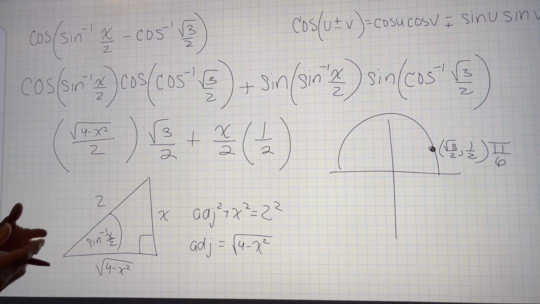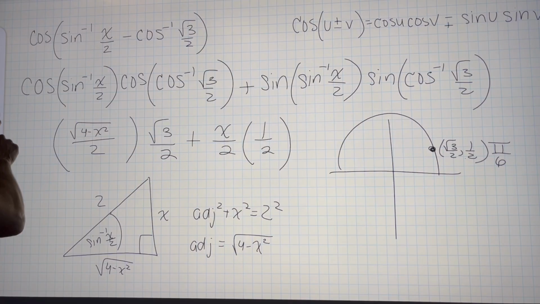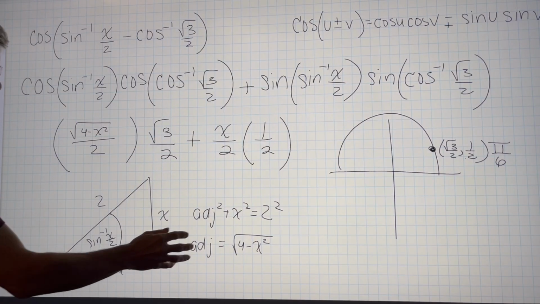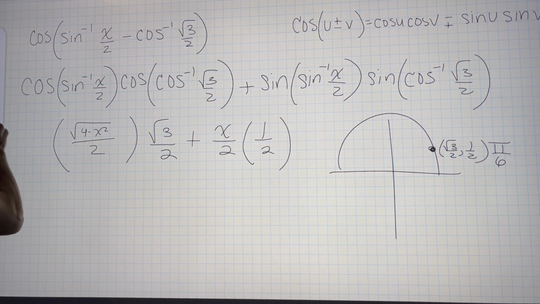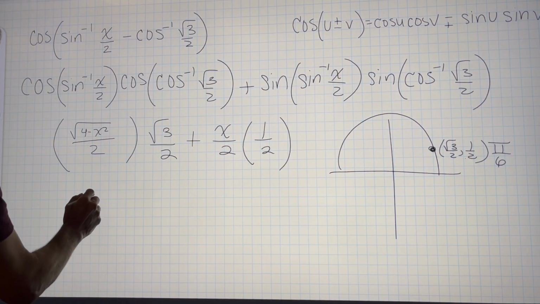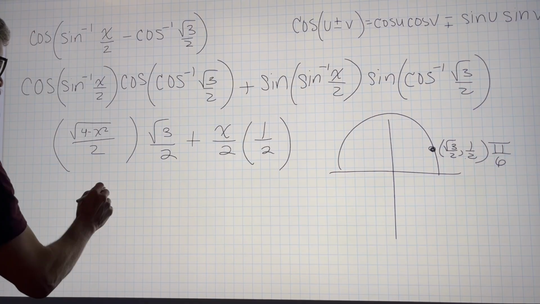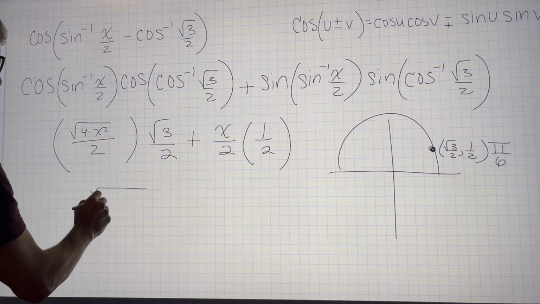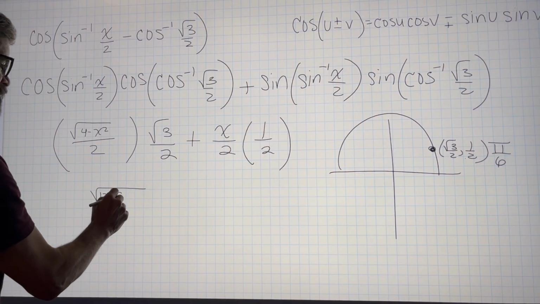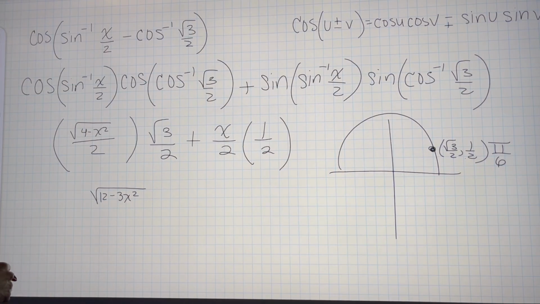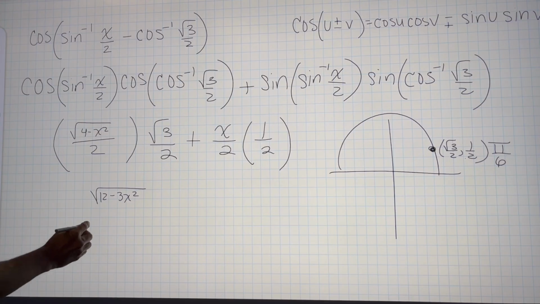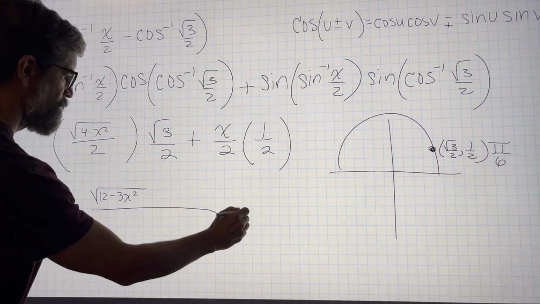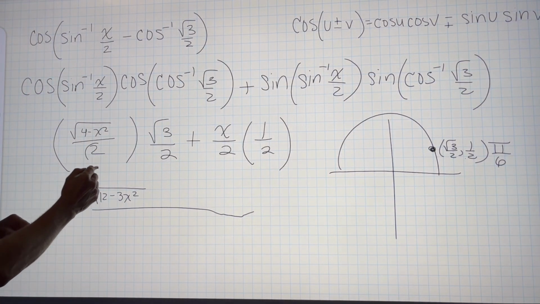Probably nice to do a little simplifying here. Let's call it rad 12 minus 3x squared, combining the rad 3 and the rad 4 minus x squared. I'm going to have a common denominator of 4 here.